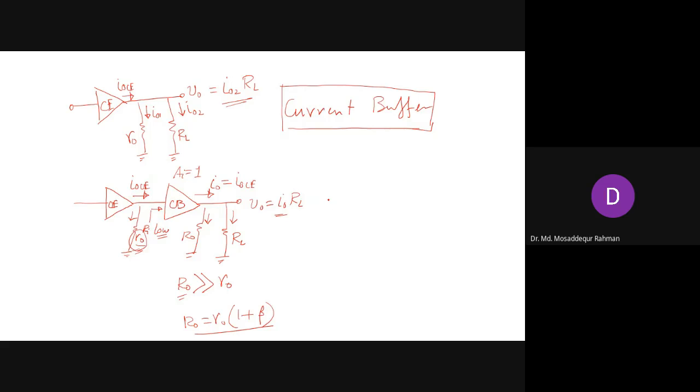In our last lecture, we showed that we add the common collector at the output of the common emitter to enhance the load resistance seen by the common emitter and make the gain independent of the load resistance. In this case, the cascade configuration is the opposite. We are not making it independent of the load resistance, rather we are making it independent of the output resistance of the common emitter amplifier.